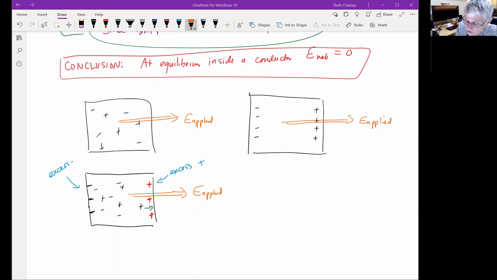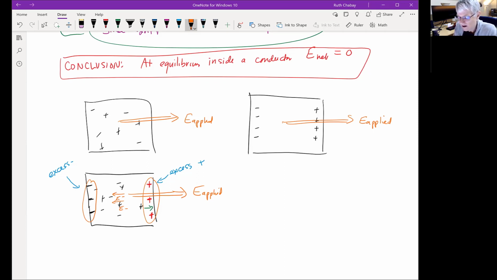And it's going to be in the other direction because we've got the negative charges on the wall here. So now we're talking about these new sources. These negative charges make an electric field that way, and the positive charges make an electric field that way.